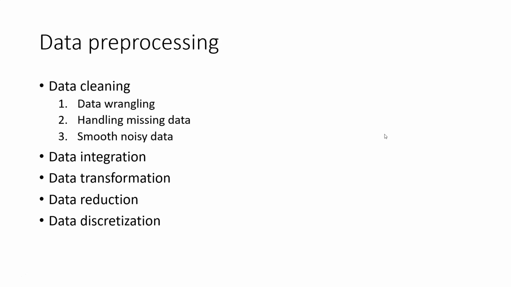The next problem we have to deal with is smoothing noisy data. Unlike the previous case, handling missing data, in this case data is actually available in the column, but somehow the value is not appropriate. One of the reasons might again be the outlier case.